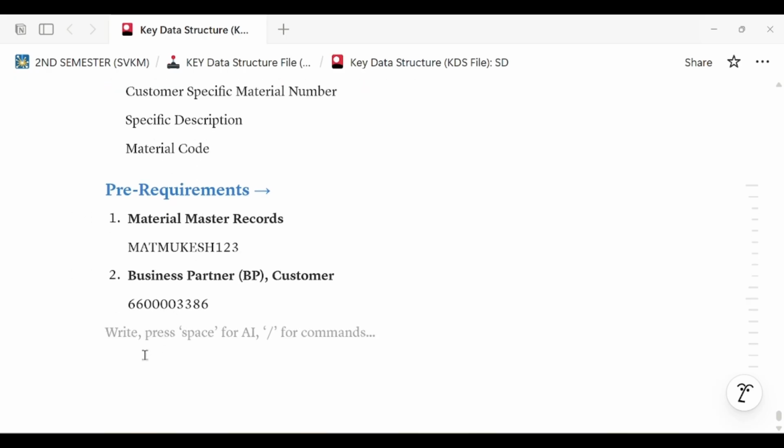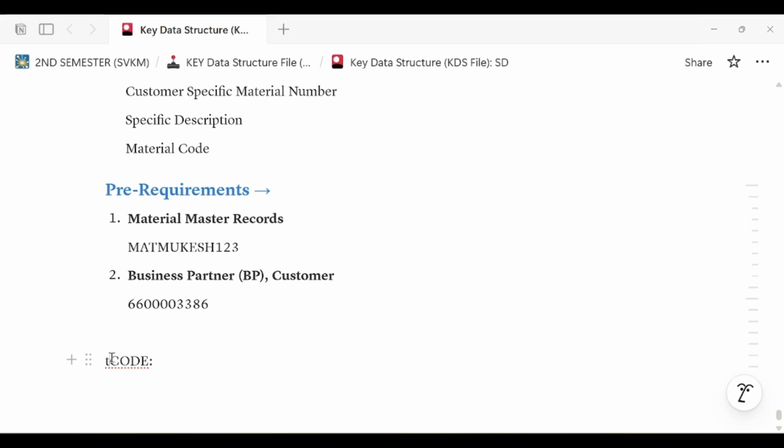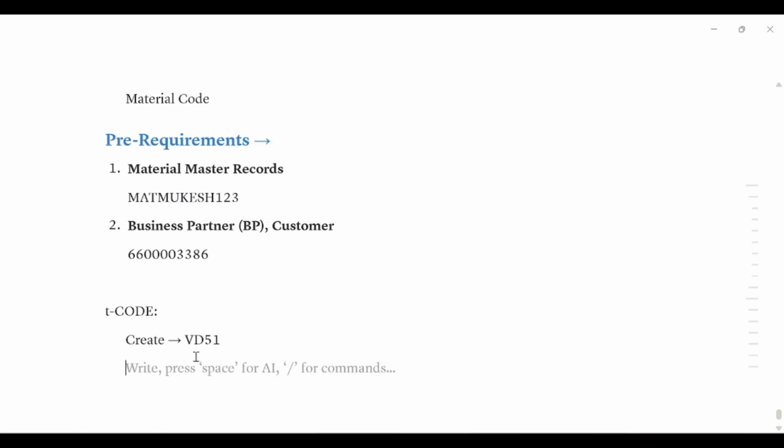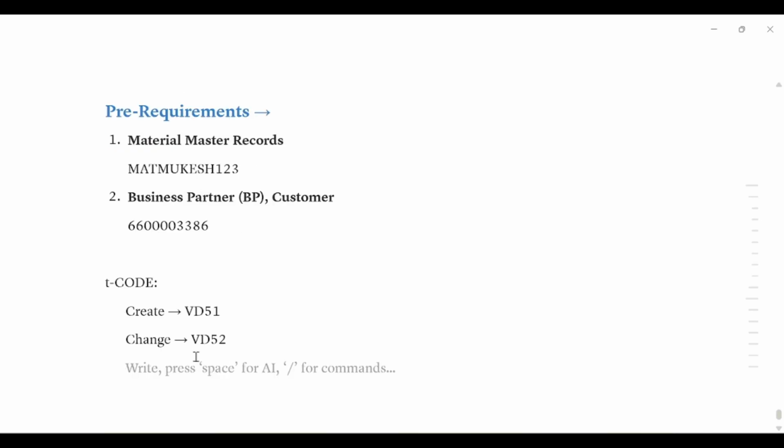Now what are the T codes that are used to perform this customer material info record? If you want to create a new customer material info record, use VD51. If you want to change an existing one, use VD52.